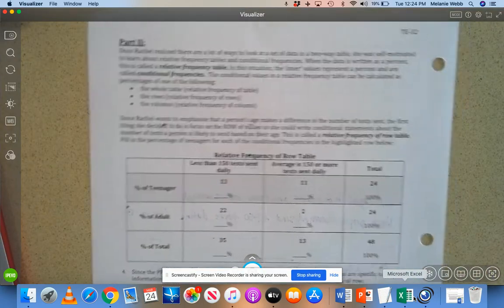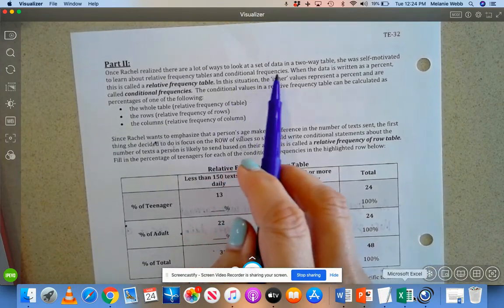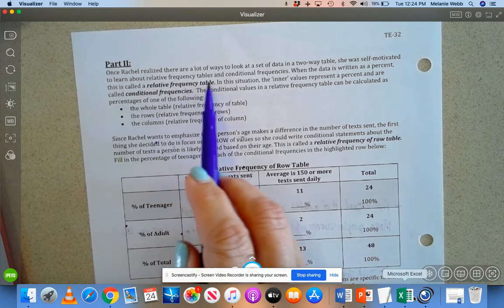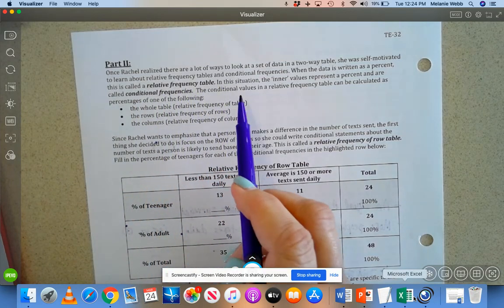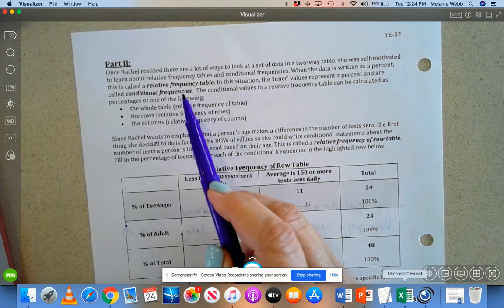So once Rachel realized that there are a lot of ways to look at a set of data in a two-way table, she was self-motivated to learn about relative frequency tables and conditional frequencies. When the data is written as a percent, this is called a relative frequency table.